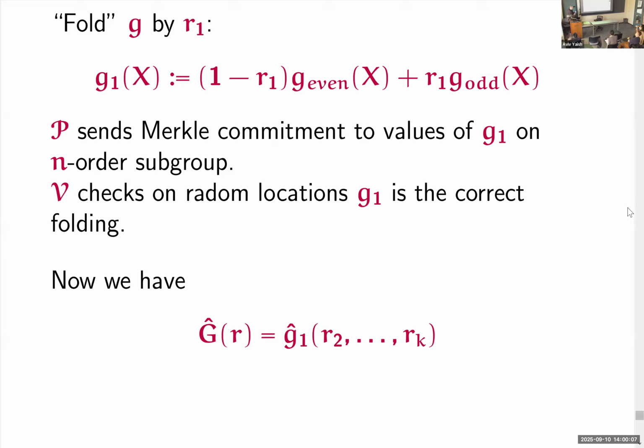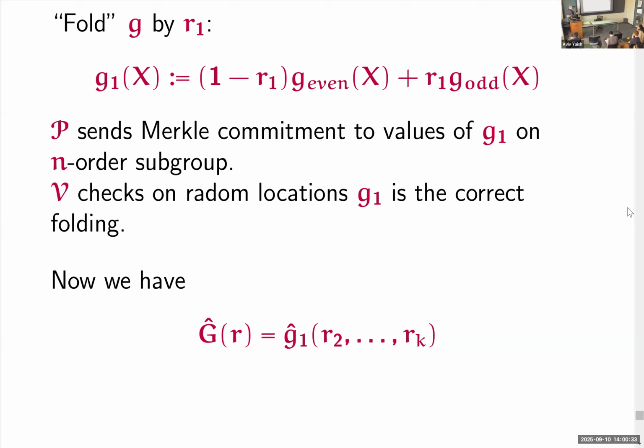If we look now at the right, we look at the vector of n over 2 values of G1, and we look at the coefficients of G1, just the coefficients in monomial base.